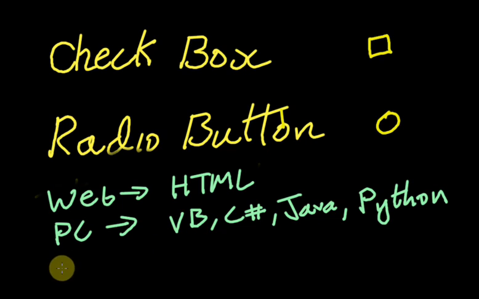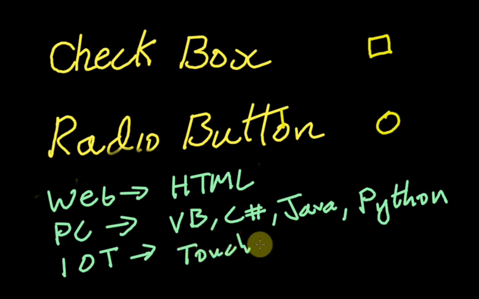You could go even further now with the modern Internet of Things and universal apps. So the Internet of Things, where you have small screens, so touch screens. They're everywhere. The key thing about them is that they all obey the same set of rules.